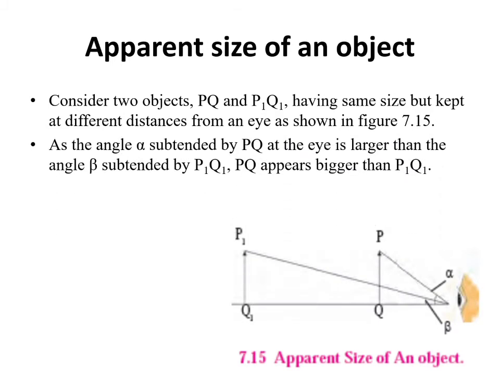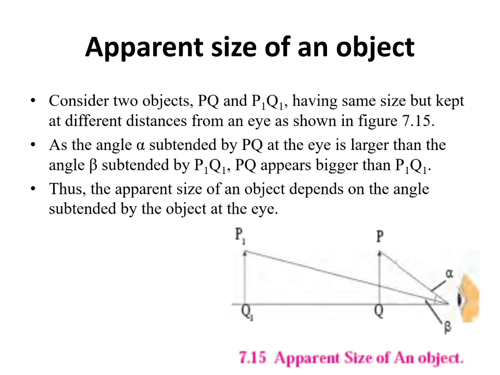You can see in figure number 7.15 in your textbook that the angle alpha created by PQ at the eye is larger than the beta which is created by P1Q1. PQ appears bigger than P1Q1.